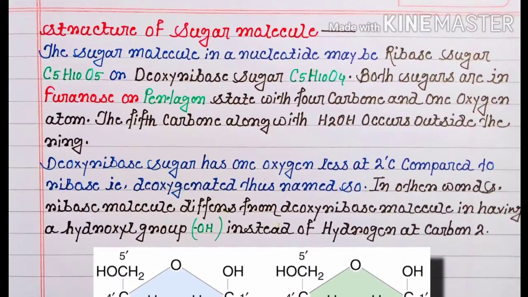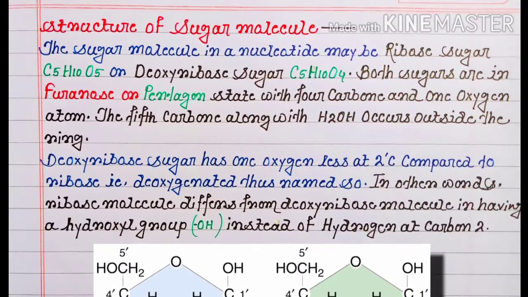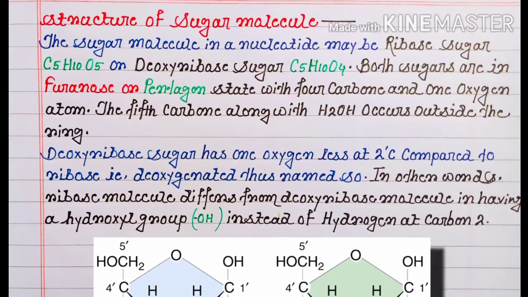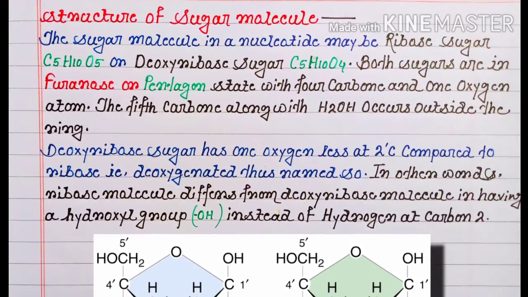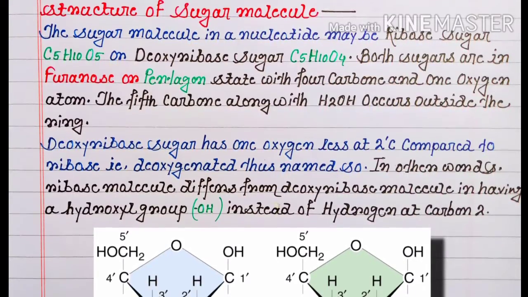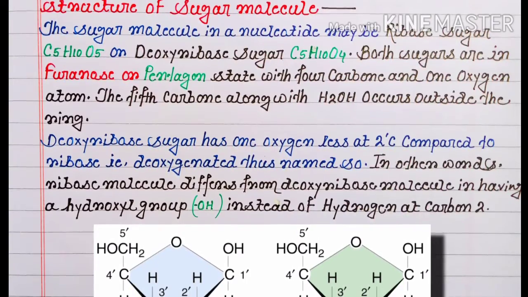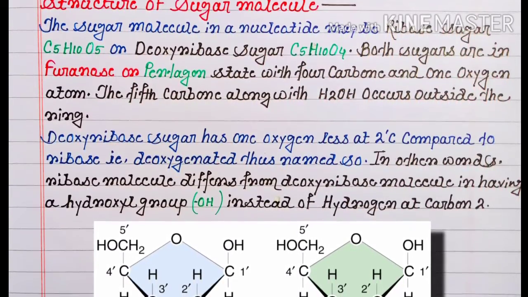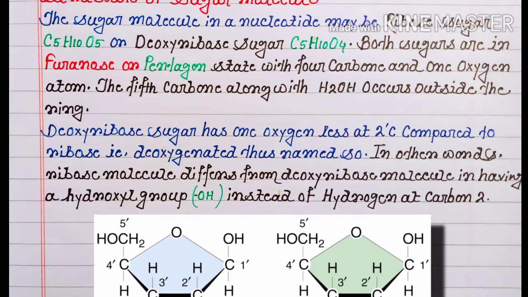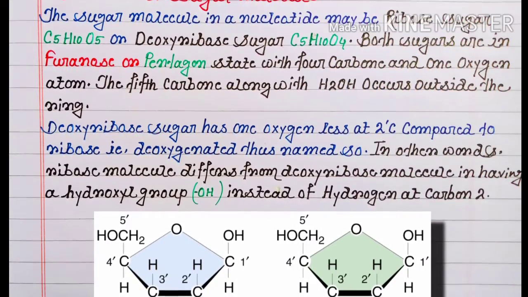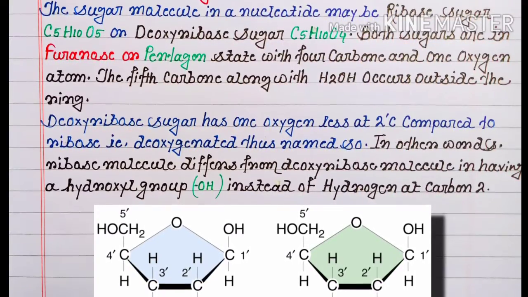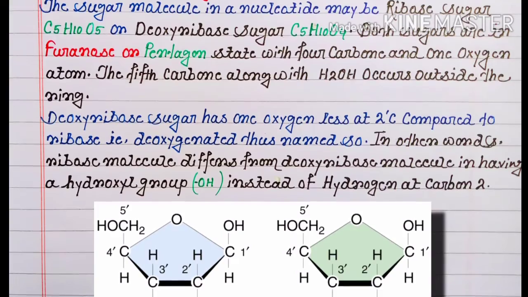Now, let's talk about the structure of sugar molecule. The sugar molecule in a nucleotide may be ribose sugar, that is C5H10O5, or deoxyribose sugar, that is C5H10O4. Both sugars are in furanose or pentagon state with 4 carbon and 1 oxygen atom. The fifth carbon along with CH2OH occurs outside the ring.